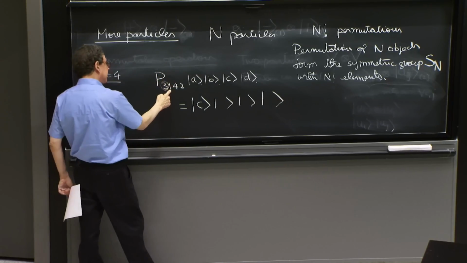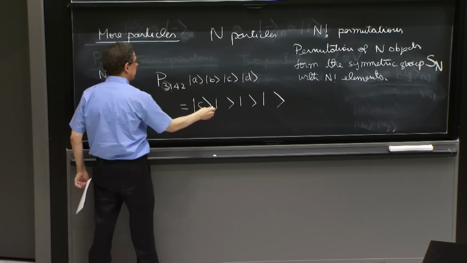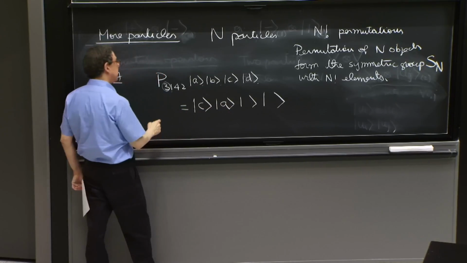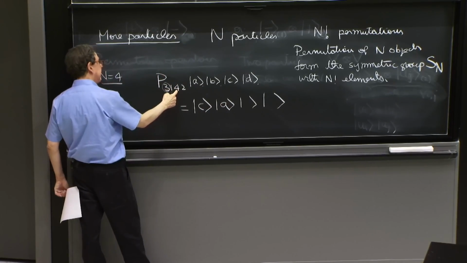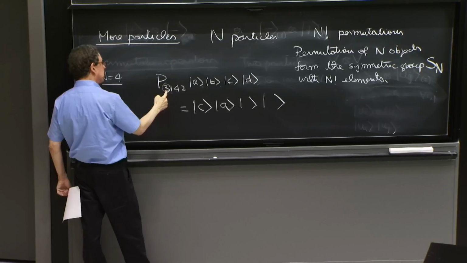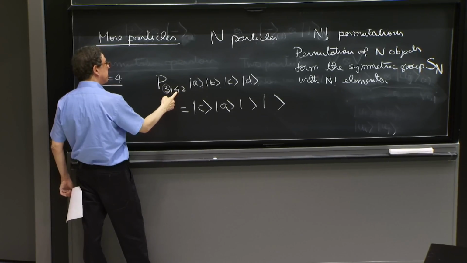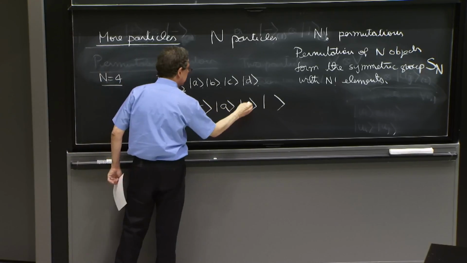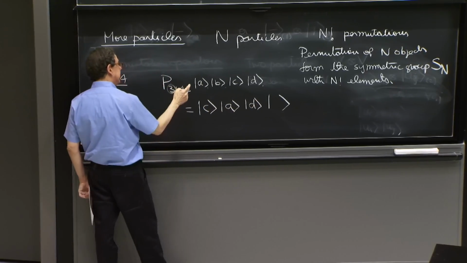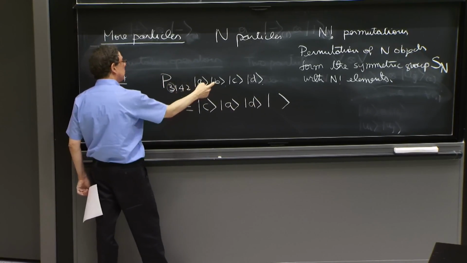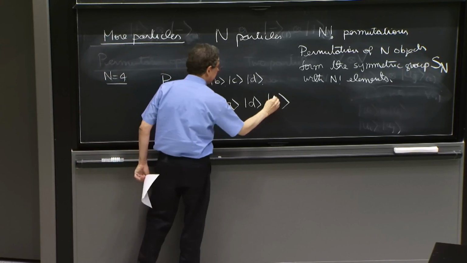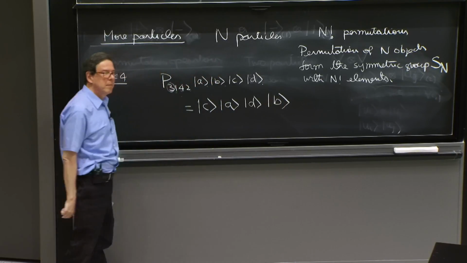The first state goes into the second position. The fourth state goes into the third position, the third index here. So the third position is now occupied by the fourth state, D. And the second state goes into the fourth position, B.